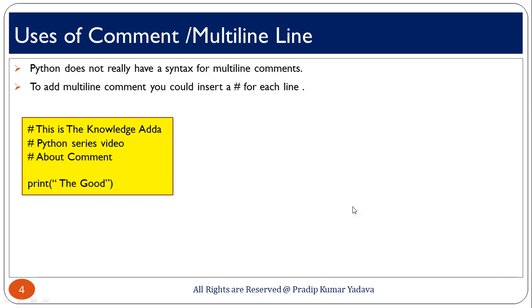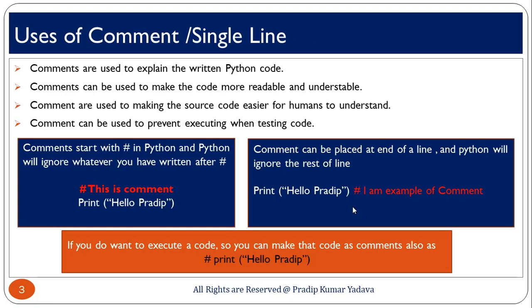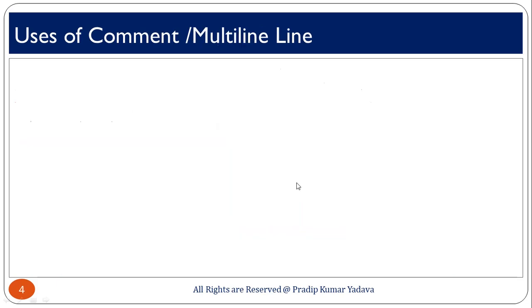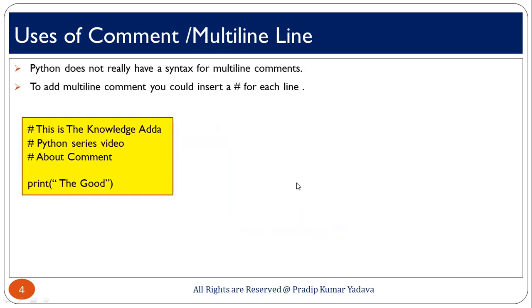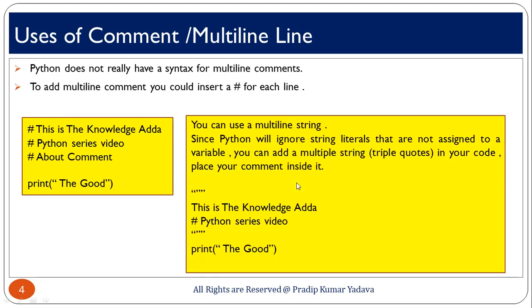So to make a single line comment, you only have to write hash. If you want to make a multi-line comment, you insert hash with each line, and that piece of code will work as a multi-line comment. And there is another way also: by using triple quotes you can make a multi-line comment.